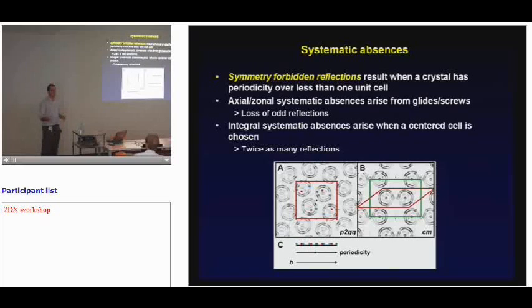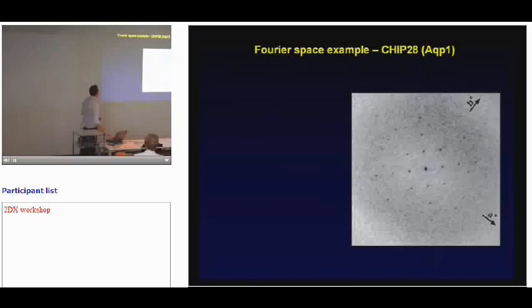And so when you perform a Fourier transformation of this, you'd expect to get different diffraction spots. But it's the same crystal, so you don't get different diffraction spots. The reason for that is that some of the diffraction spots which arise are known as symmetry forbidden diffraction spots. And so these are diffraction spots that are absent in centred cells, and also absent in cells that have glide reflections.